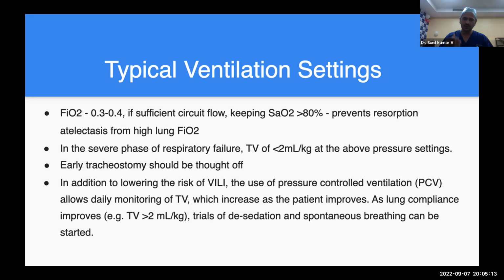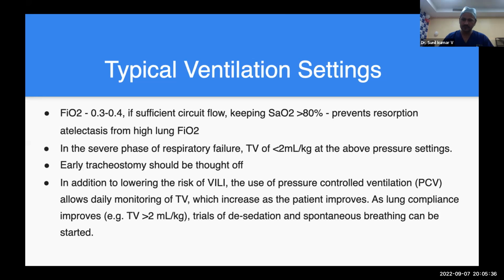In addition to lowering the risk of ventilator-induced lung injury, the use of pressure control allows daily monitoring of the tidal volumes as the patient improves, and the white lung will convert into a black lung.